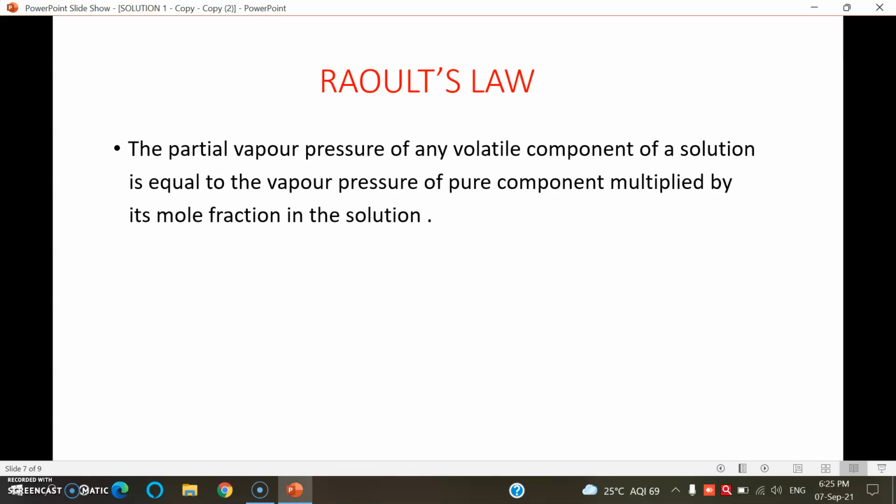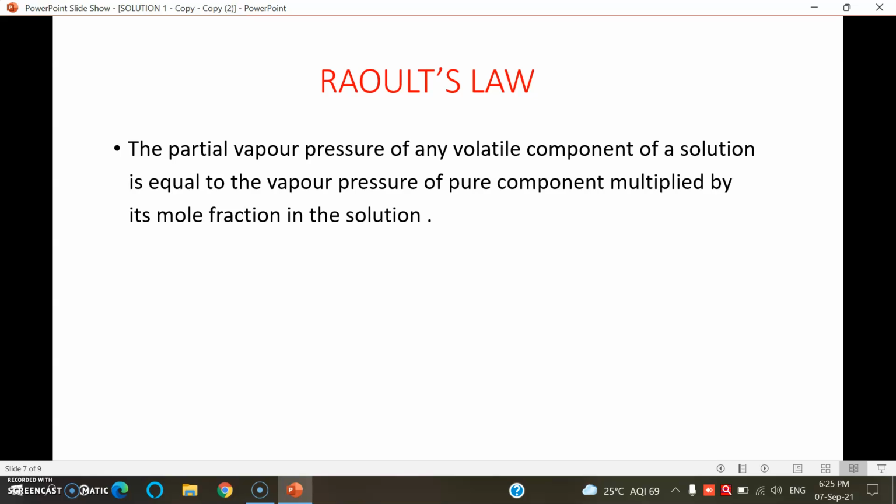In that container, two volatile components are given, A1 and A2. The gaseous phase exerts pressure on the liquid surface, and each component exerts its partial vapor pressure.